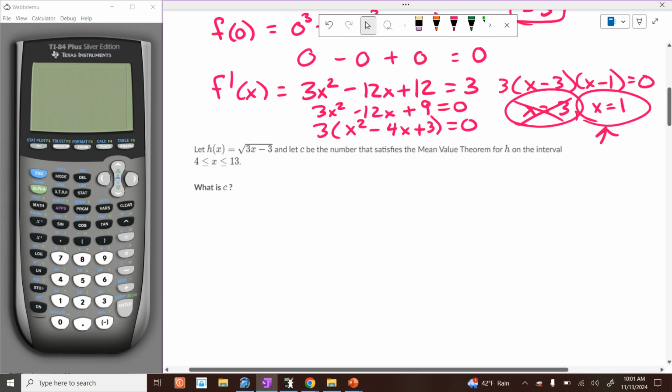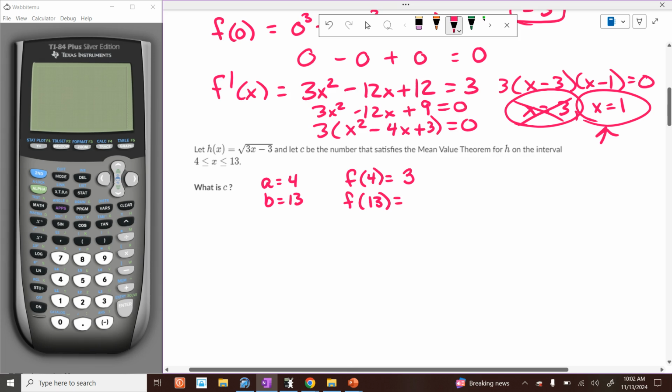Now let's do a little more complicated mean value theorem one, one that has a square root involved. All right, same process. A equals 4, B equals 13. f of A, f of 4 equals 3 times 4 is 12, minus 3 is 9. The square root of 9 is 3. f of 13 is 3 times 13 is 39, 39 minus 3 is 36.